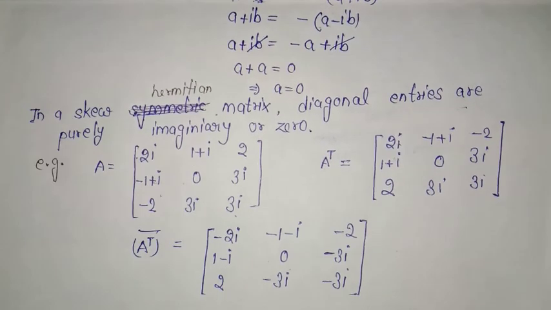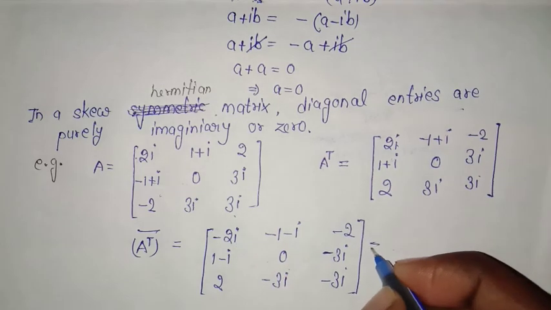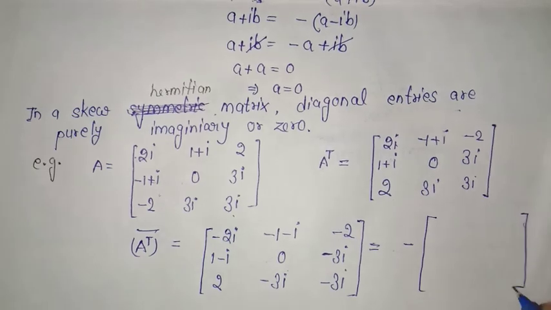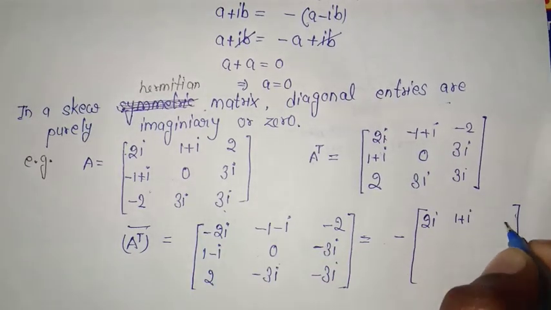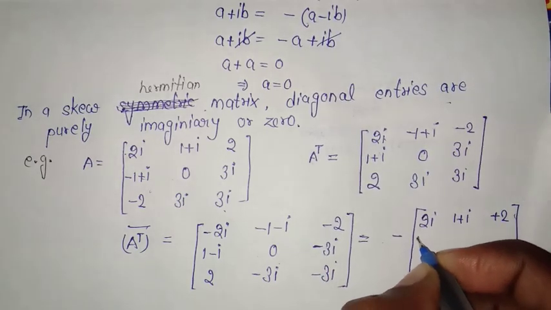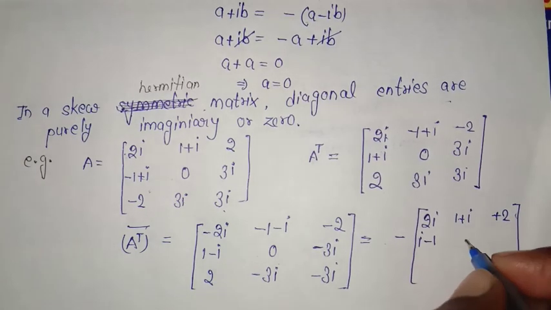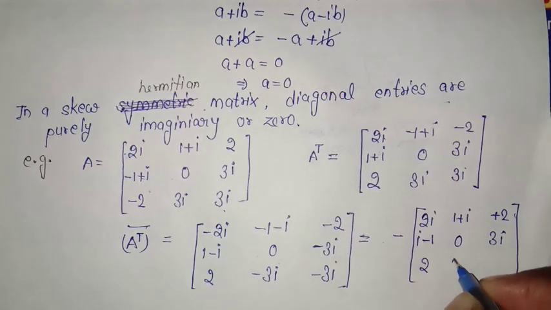Now if we take the negative outside from this matrix, this can be expressed like this: 2 iota, 1 plus iota, 2, iota minus 1, 0, 3 iota, 2, 3 iota, 3 iota.